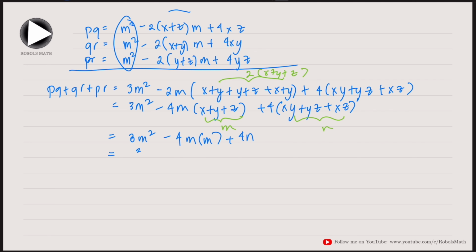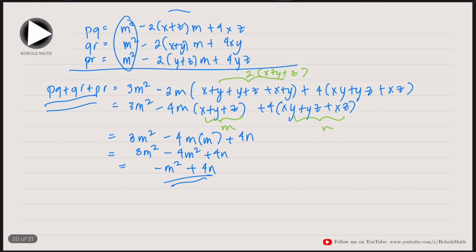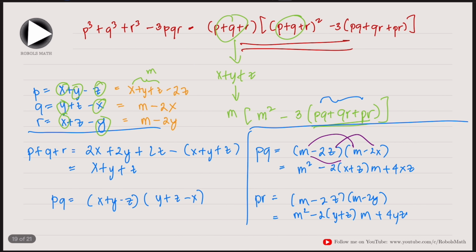We simplify this, we get 3m squared minus 4m squared plus 4n, or simply negative m squared plus 4n. So this sum of products here is equal to negative m squared plus 4n. It's quite a long one. So we go back to this one. So we have this one as being equal to negative m squared plus 4n.